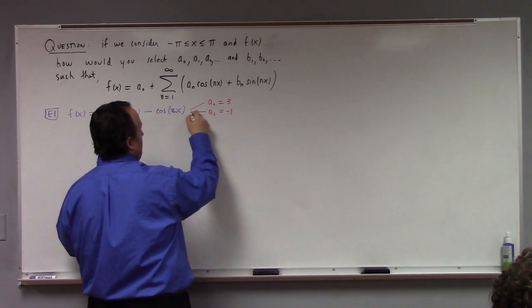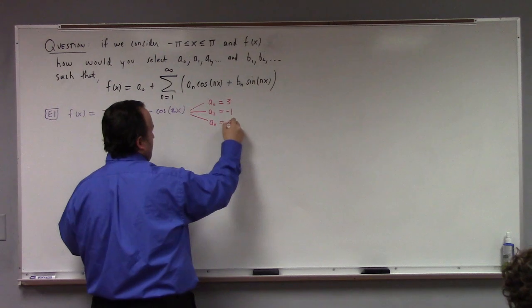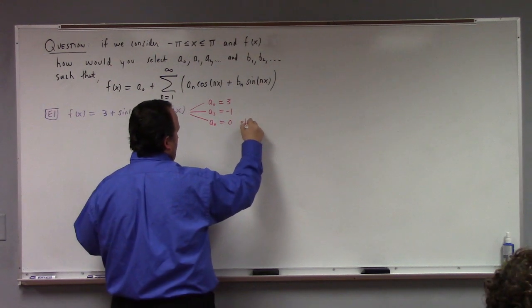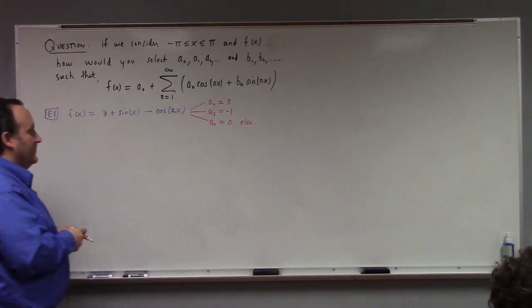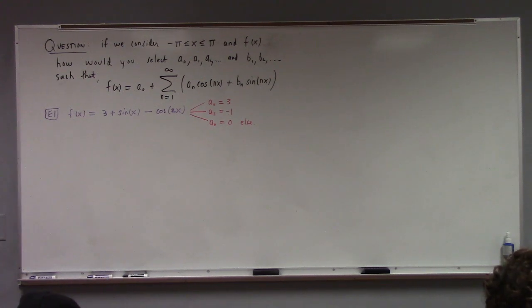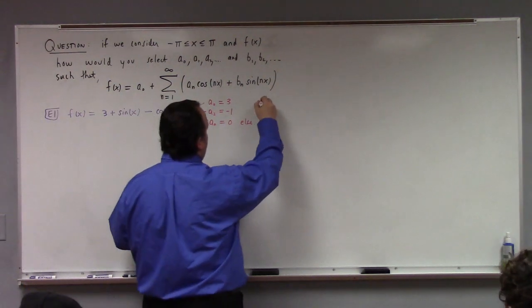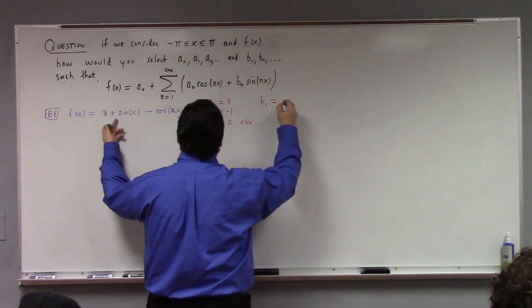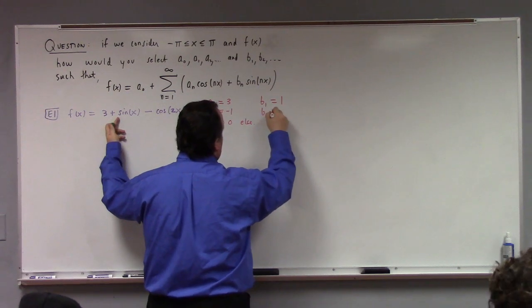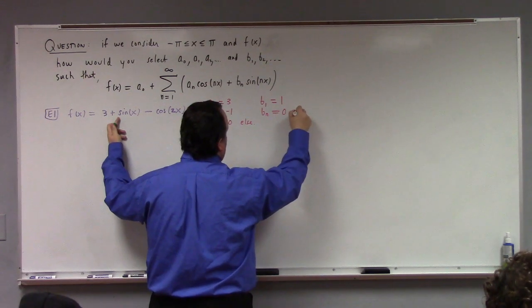Negative 1, right? a sub n equals 0 otherwise, for n not equal to 0 or 2. And we just have one non-zero b, namely b1, coefficient is 1, and b sub n is equal to 0 for n not equal to 1.